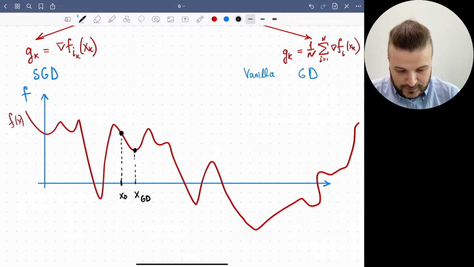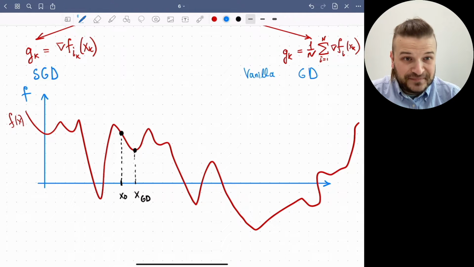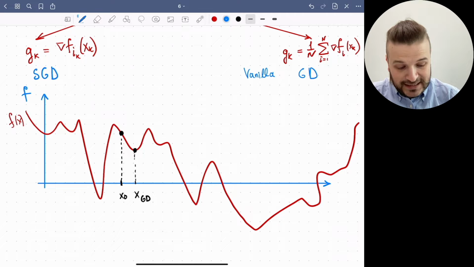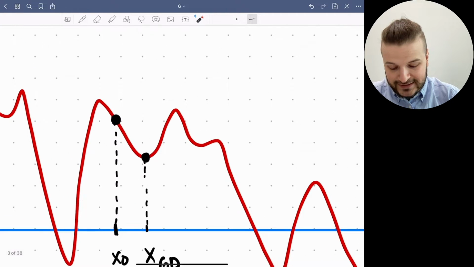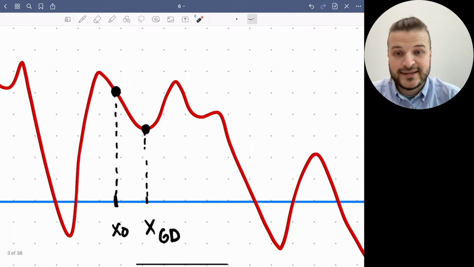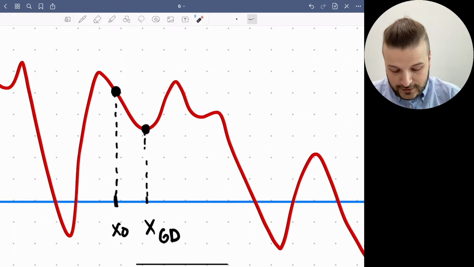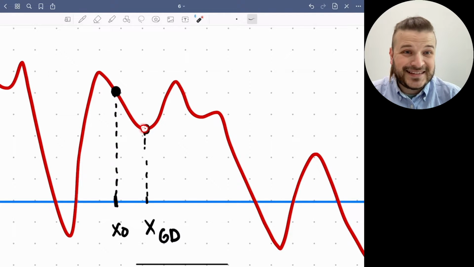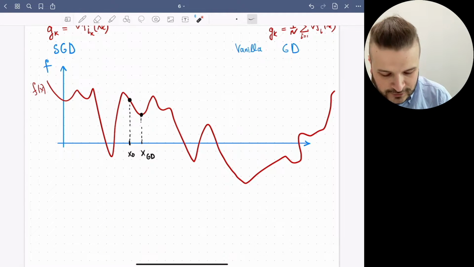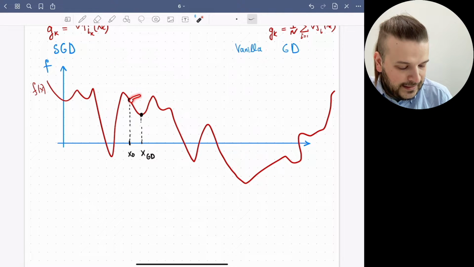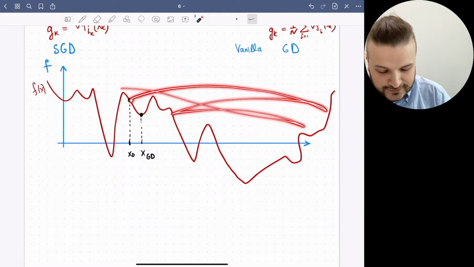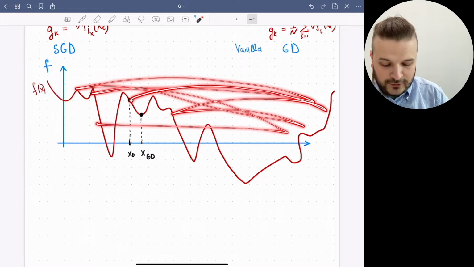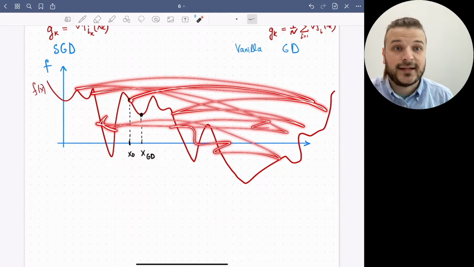But if you have some noise in the gradient, initializing at the very same point as discussed before, you can actually skip these local minima. For example, if the noise is very high, your algorithm could oscillate in a huge manner here, something like that. It could go here, here, here, and so on.